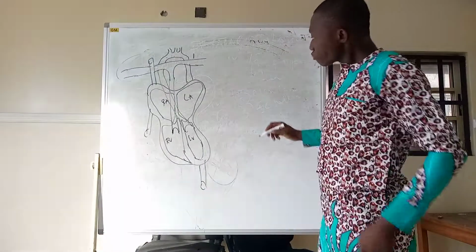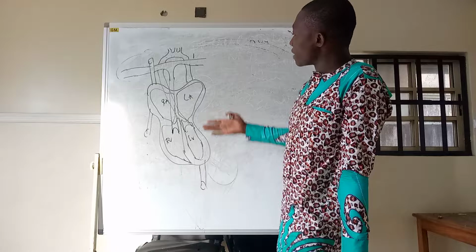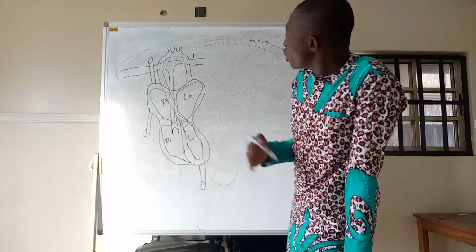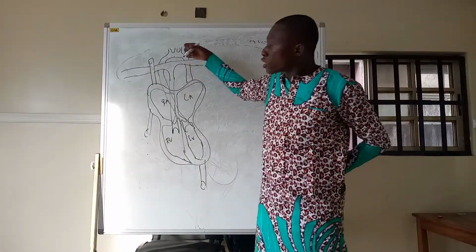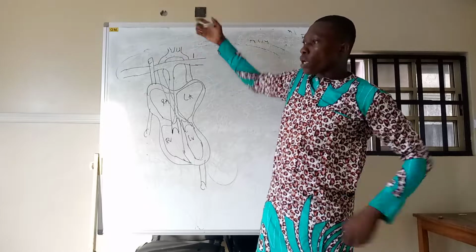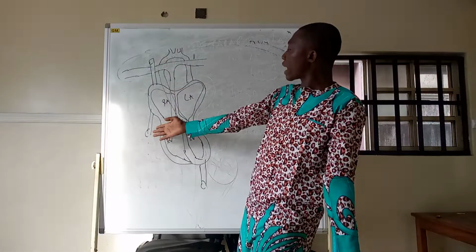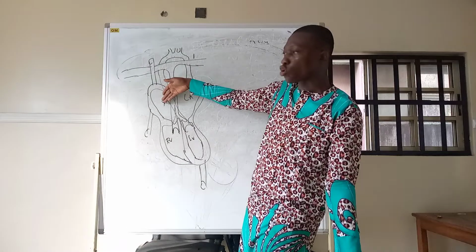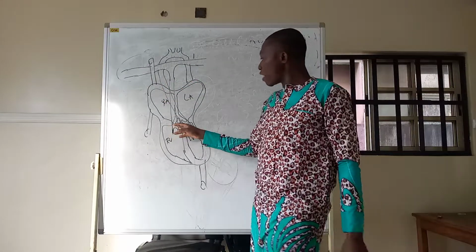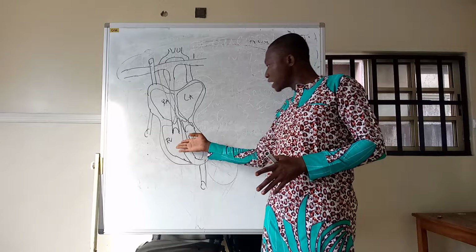Alright, so if this is the human heart and you are talking about blood flow through a normal mature heart, blood from the upper and lower extremity enters the right atrium through the superior and inferior vena cava. Once it contracts, the right atrioventricular valve opens and blood enters the right ventricle.